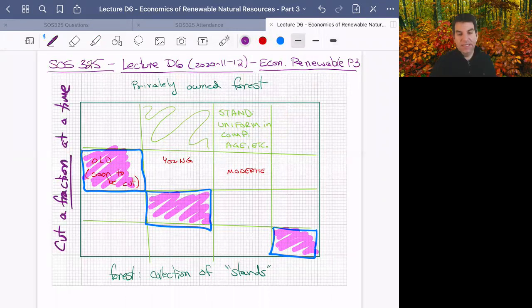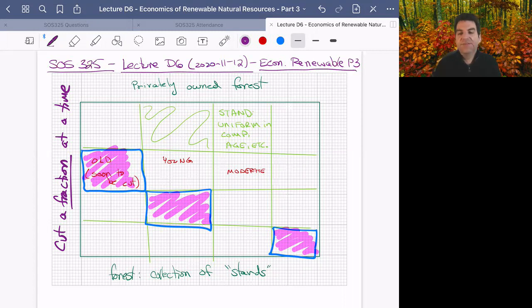And what that means then is that even though we have been focusing on managing a single stand, and we're going to start talking about habitat value today, then you might think, well, it seems weird to focus on habitat value because once you get into old growth forest, if old growth forest is important, you're going to cut the whole thing down. And what happens to anything that's in that habitat? So, how do we deal with that sort of thing?